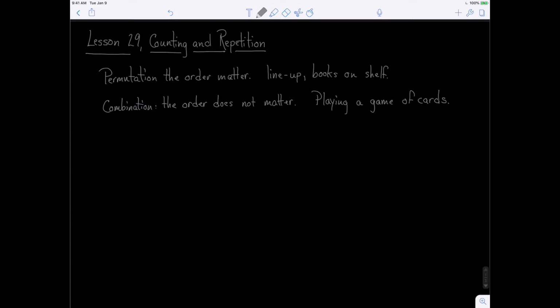So here we go. We're going to see if this makes sense. So in mathematics, a word is an arrangement of characters.